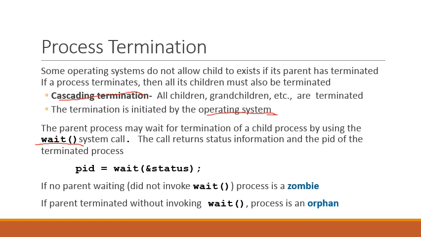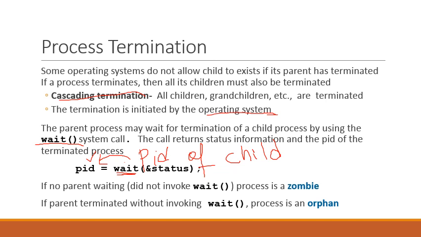That wait system call returns an integer value, and this integer value is the process identifier of the child process. So this is the PID of the child that will be returned by the wait system call. So this value, the PID of the child, will be assigned to this instance PID.